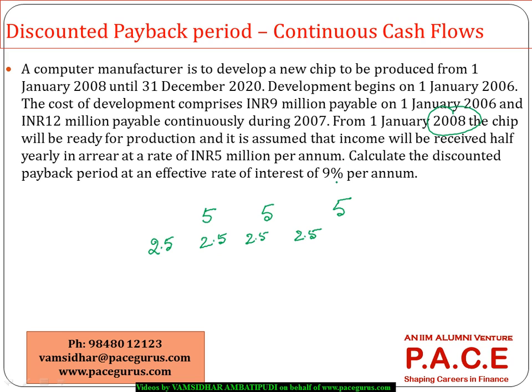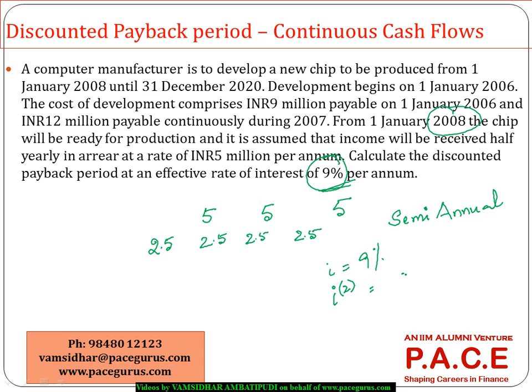So what do I look at? How do I find out the present value of that amount? The effective rate of interest is 9% per annum. But we are talking about a semi-annual. So how do I find out the semi-annual nominal rate of interest? Because the effective rate of interest i is 9%, but because of the semi-annual compounding, I actually require i2, which is the semi-annually compounded nominal rate of interest.